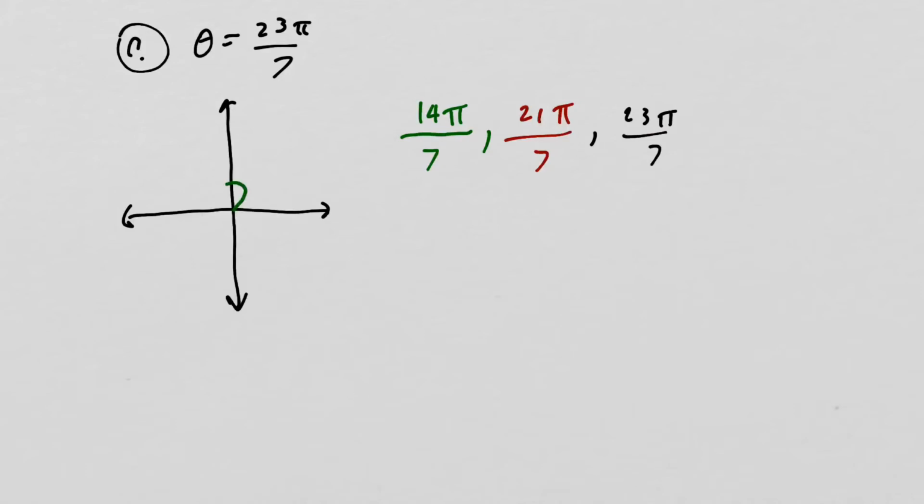So if we follow it around once, here's our angle for 14 pi divided by 7. Now we go a half trip around the circle. And then we end up with a little bit left over. What is left over is given by 23 pi divided by 7 minus 21 pi divided by 7.